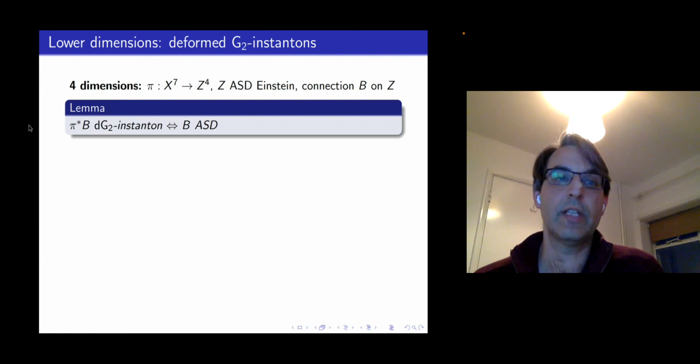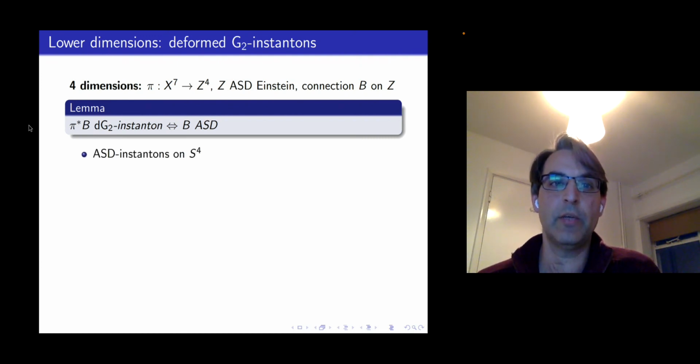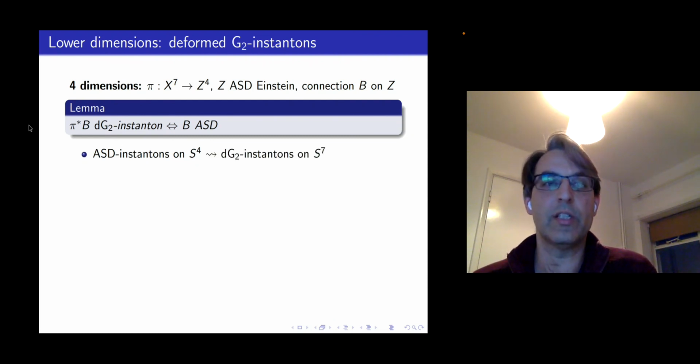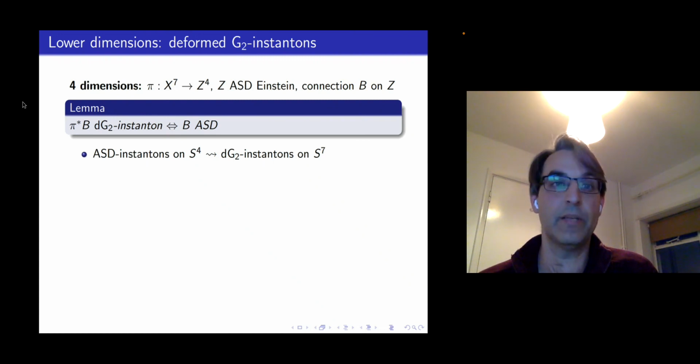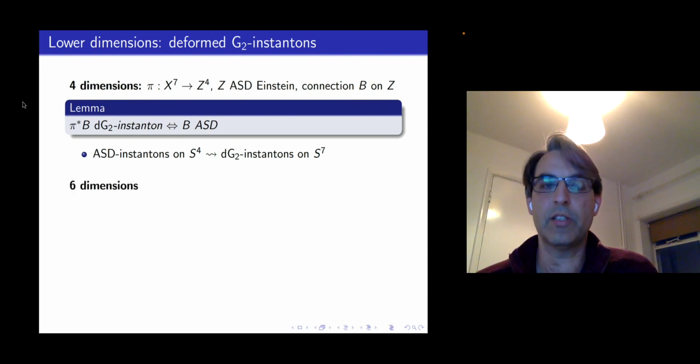So that's slightly less interesting than we might hope, but it has the nice feature that we already get from ASD instantons on S4, which are very well understood. We get DG2 instantons on the 7 sphere, because that's exactly one of these situations, in fact, just given by the Hopf fibration that I mentioned right at the beginning of this talk. But ultimately, 4 dimensions wasn't that revealing, so let's go to 6 dimensions.